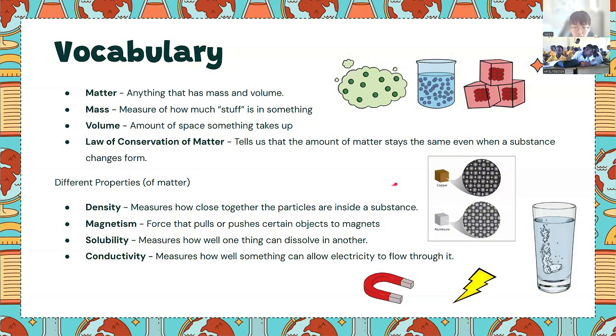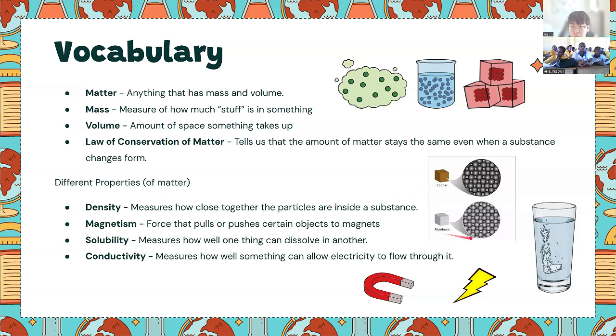To explain it with the terms that we learned above, there is a fixed volume for these two substances right here, but what determines density is how many more particles are inside that fixed volume.